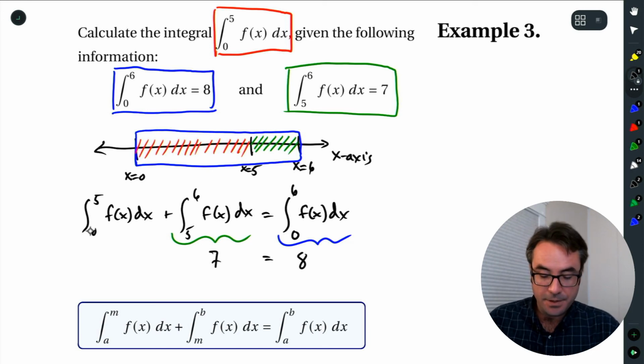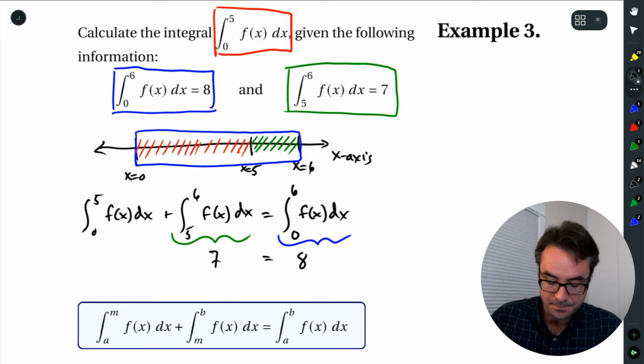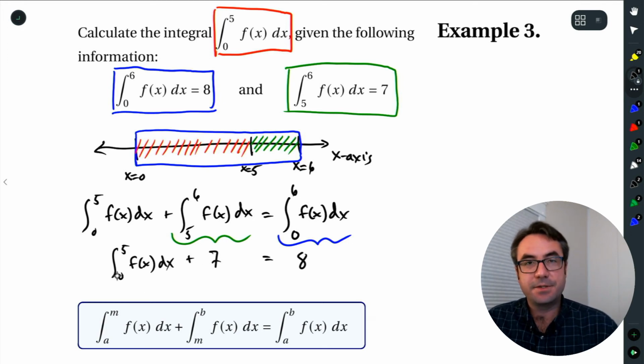And the only one we don't know is what we're trying to find, this integral from 0 to 5. So by filling in what we know, we have this equation that says the integral from 0 to 5 of f of x dx, whatever that is, plus 7 should be equal to 8.